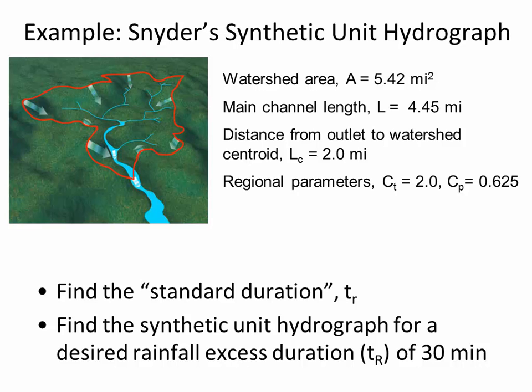Now, as we'd expect, the peak discharge is going to be lower. And so think about why that might be. If you've got an inch of rain that's falling within half an hour, then that means there's a greater intensity of the storm, so the peak discharge is going to be correspondingly more intense.